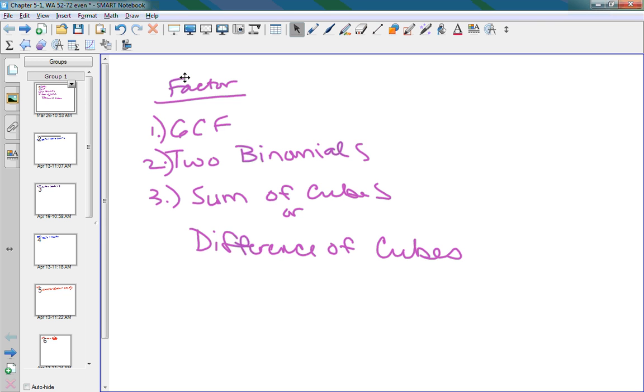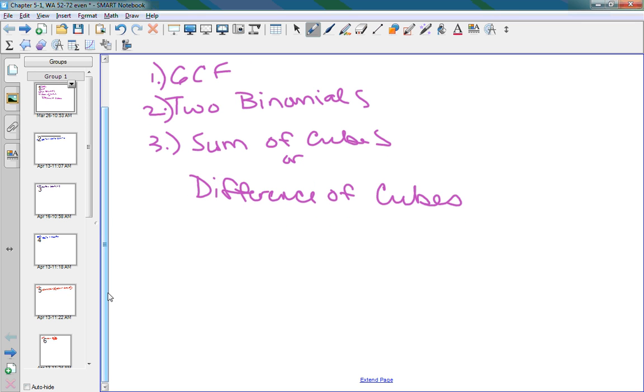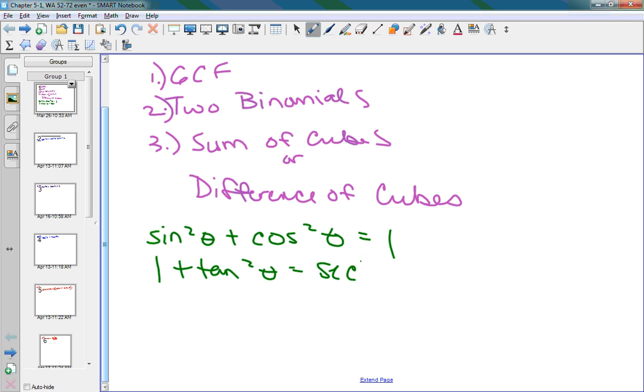Okay? Now, I'm going to be talking about the page from yesterday, that we talked about on Friday, I should say, regarding all the identities. Sine squared of theta plus the cosine squared of theta is equal to 1. 1 plus tangent squared theta is equal to secant squared theta.